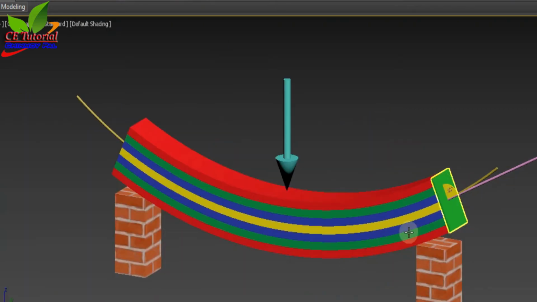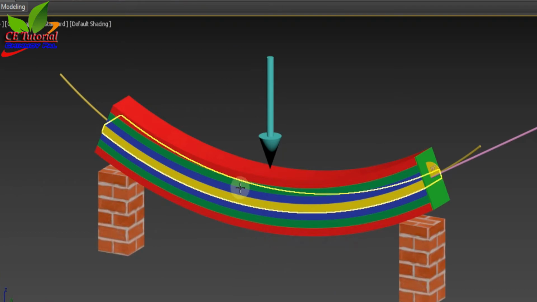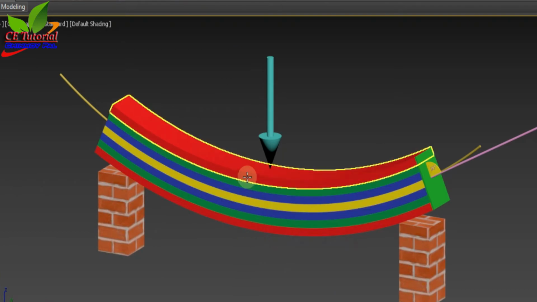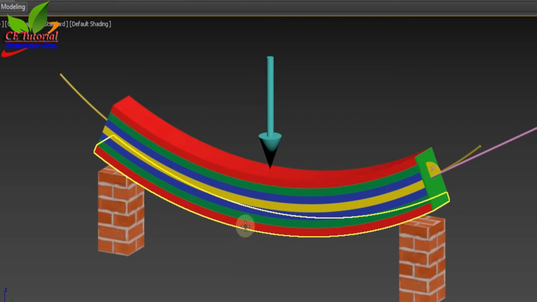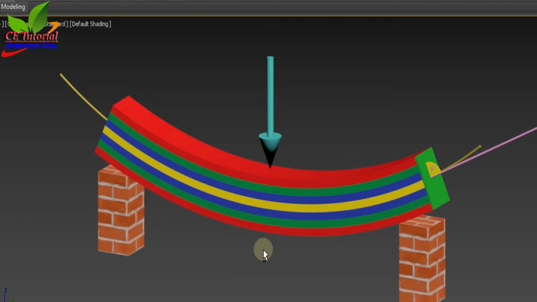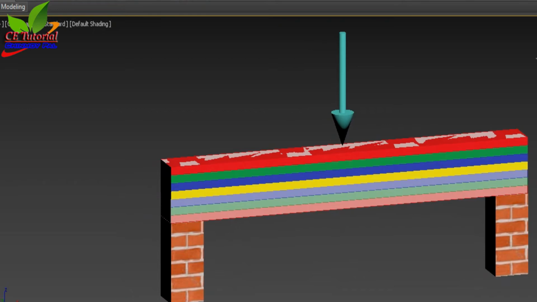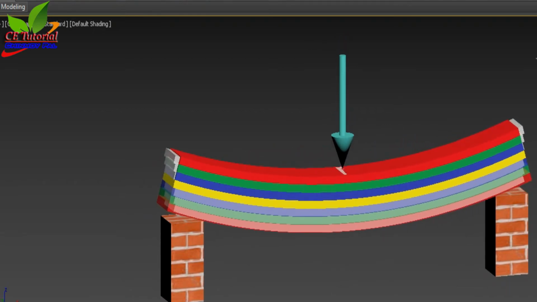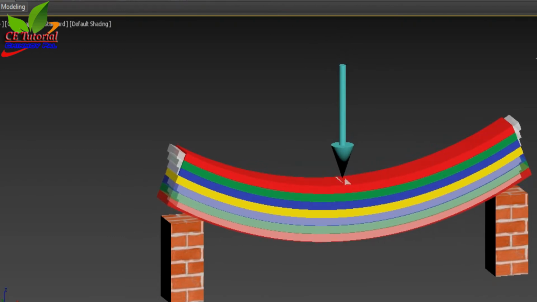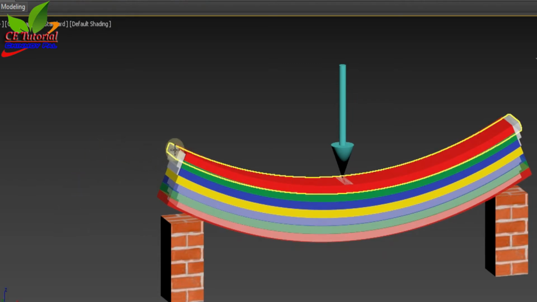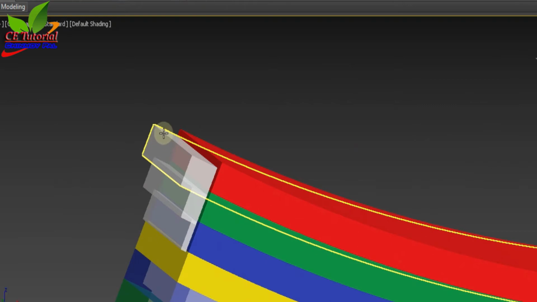You can also see that the longitudinal fiber above the neutral axis gets shortened and below the neutral axis gets elongated. Now it will be clear to you if I superimpose those two models. The white layer indicates the individual layer.